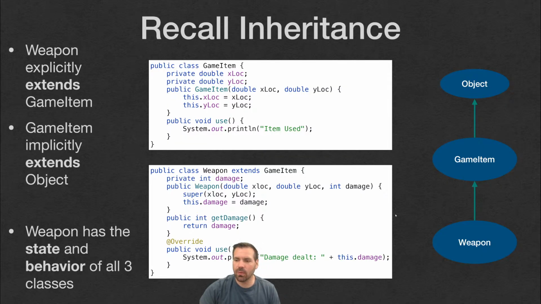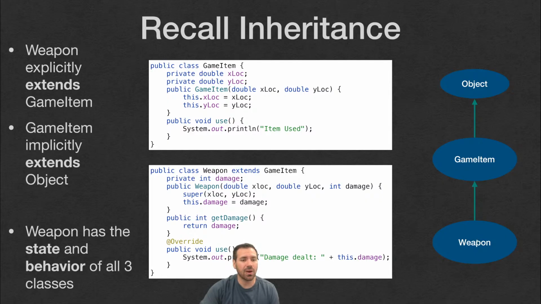And weapon indirectly also extends the object class. So it gets the state and behavior of the game item class that we talked about at length last time. But weapon also gets all the state and behavior of the object class, which we talked about a bit last time. We talked about toString in this, but I want to make this very clear that weapon inherits all the state and behavior of game item, and weapon inherits all the state and behavior from the object class.